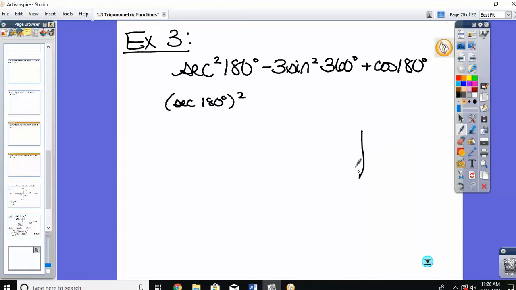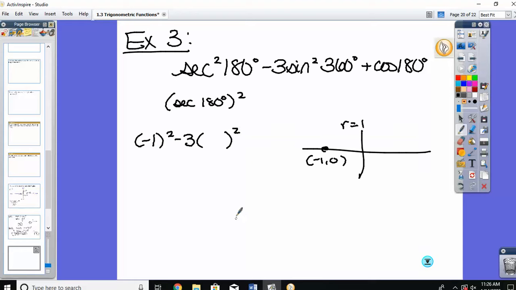So if we think about 180, that's the point negative 1, 0. We know r is always 1. So secant is r over x, so secant of 180 would be negative 1. So that's negative 1 squared, minus 3 times the sine of 360 degrees squared.